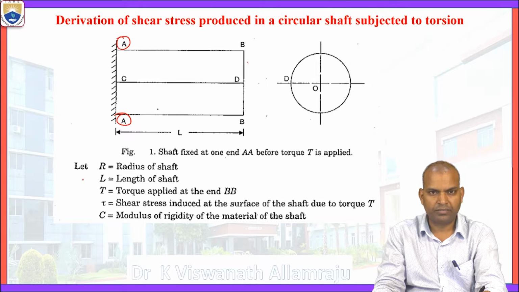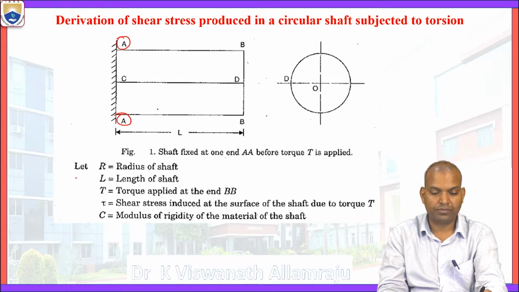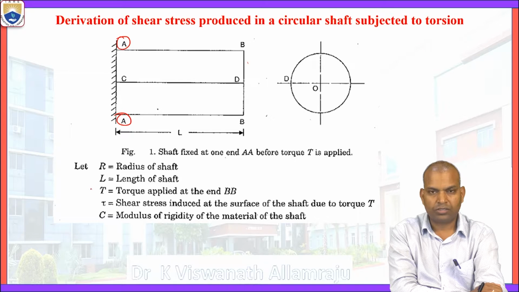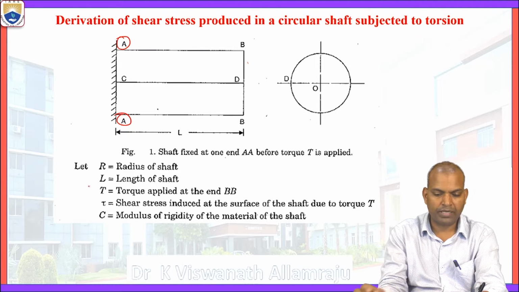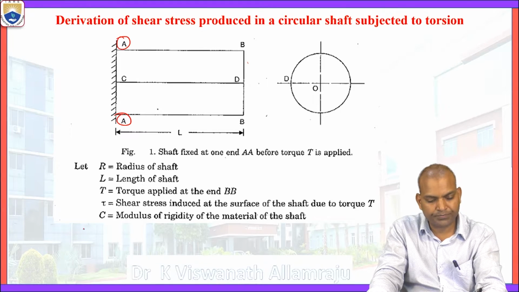The cross section of the shaft is circular, and we consider certain parameters to calculate the shear stress. Let capital R be the radius of the shaft, capital L the length of the shaft, capital T the torque applied at the free end BB, and tau the shear stress induced at the surface of the shaft due to the torque T. C is the modulus of rigidity, a property of the material of the shaft.